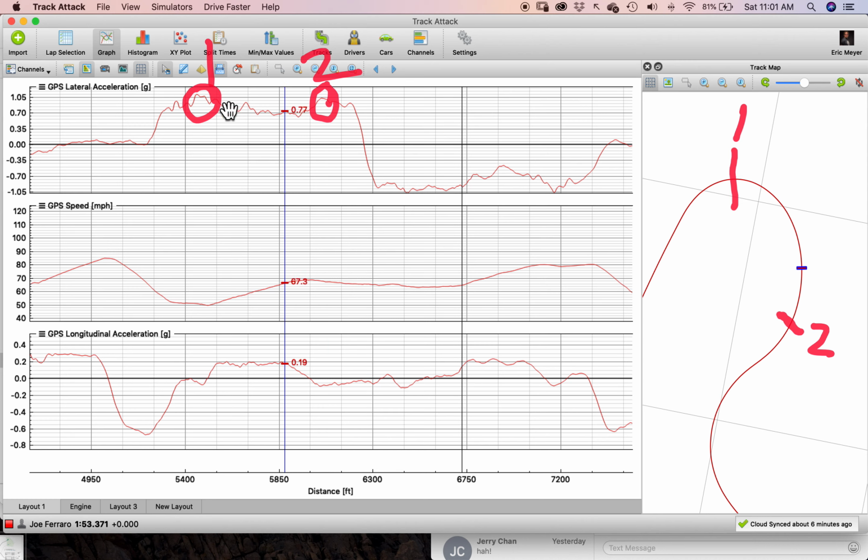I want you to see this part right here, that dip. So for whatever reason, we're not using all the tire. 0.7, if you see that right there, 0.7, we're not using all that tire for that whole range. We know the car does 1.1 lateral G's, as noted by the values right here in point number 1 and point number 2, here and here.